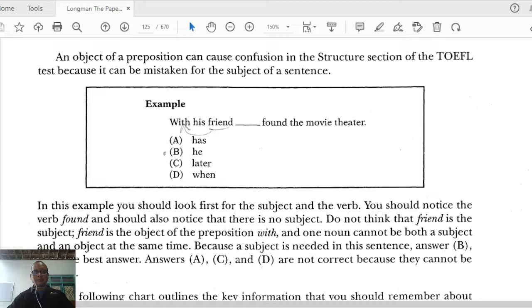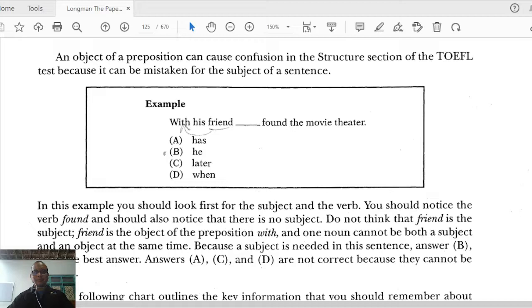Jadi kita cari verbnya adalah found, ya. And should also notice that there is no subject. Dan perhatikan bahwa ini nggak ada subject. Do not think that friend is the subject. Friend is the object of the preposition with, ya. Jadi kata friend ini bukan subject tapi adalah object of the prepositionnya with, ya.